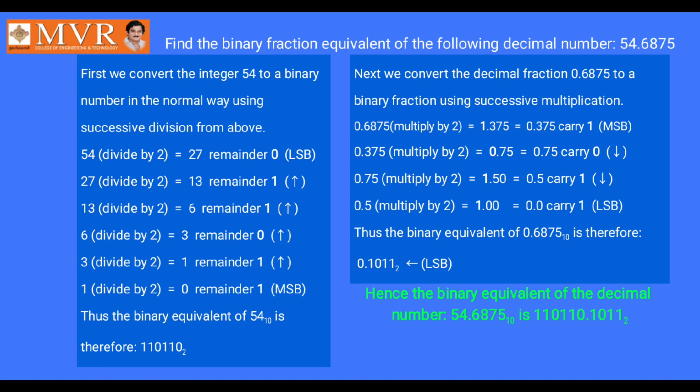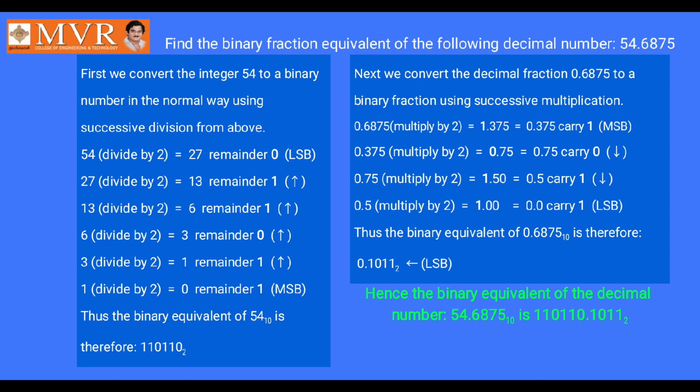So in the initial step, when you multiply 0.6875 with 2, you get 1.375. Again you multiply 0.375 with 2, and 1 is kept aside; the result is 0.75. So 0 you keep aside and take 0.75. Multiply 0.75 with 2 to get 1.50.